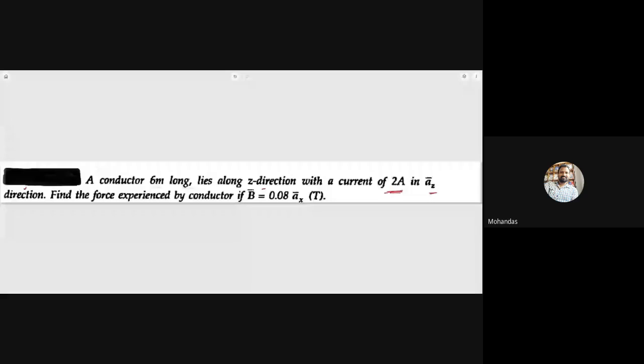Find the force experienced by the conductor if B equals 0.08 AX Tesla.